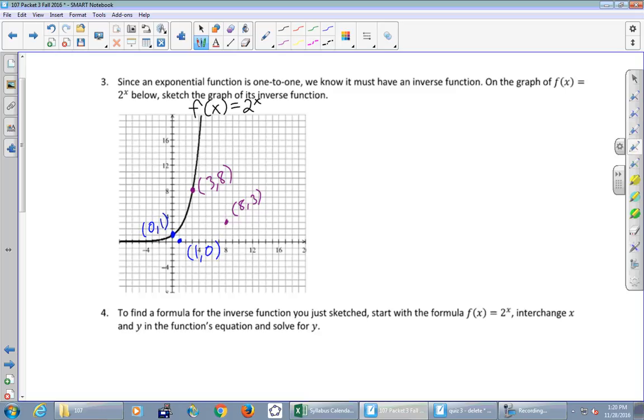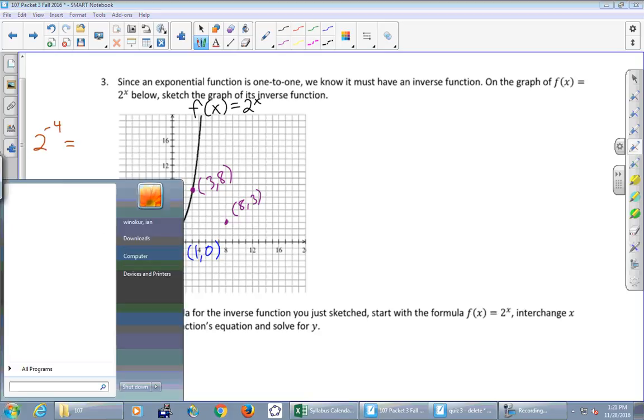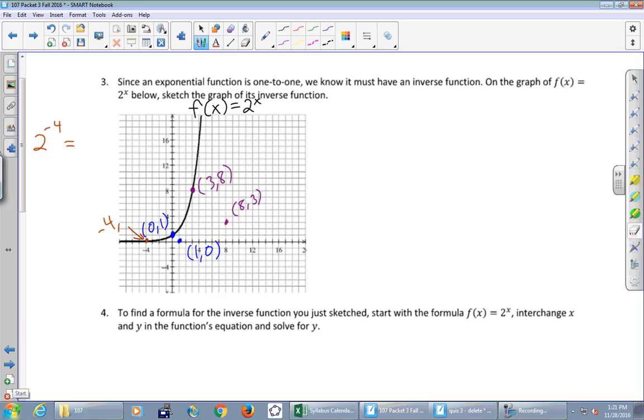And I'm going to do one more. This one's going to be really hard to see. I'm going to pick -4 here. Now, what does it look like the y is? It's really close to 0. But you know what it is. You know that the y is just 2 to the x. So 2 to the what in this case? 2 to the -4. And this is the one that Aaron shared with us earlier. 2 to the -4 is really 1 over 2 to the +4, right?